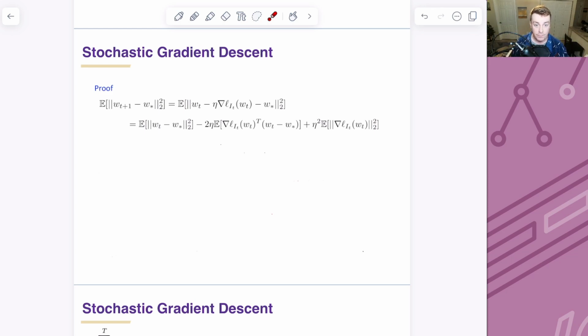Now that we're there, there are some important things to say about this. If we start at some distance, and our hope is to get closer to the optimal at time t+1, then what we need to make sure is that this term over here is overall decreasing our distance.